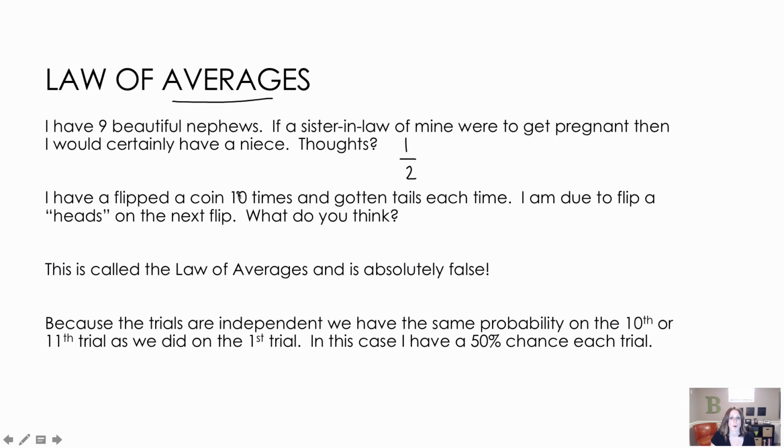Same thing for flipping a coin. On the next flip, I still have a 1 out of 2 chance of getting a heads, even though I've already gotten tails each time. So because the trials are independent, we have the same probability. So again, independent is very important, meaning that one outcome doesn't affect the next.